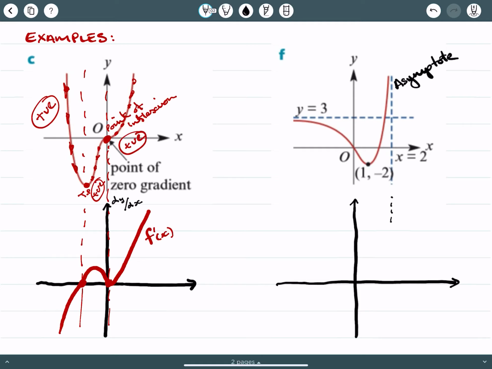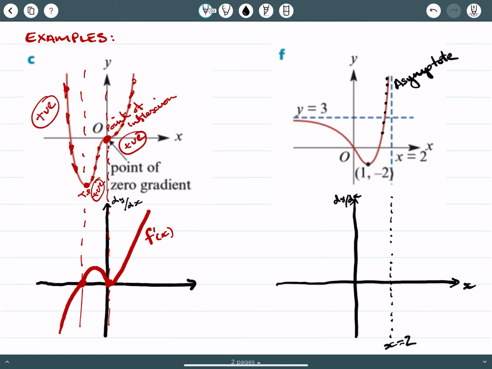Well, if we think that the asymptote is when the graph doesn't pass it, or the graph is approaching infinity, when I think about this graph as it moves up towards the asymptote, the steepness of the graph is getting increasingly large, and so large that when it really approaches the asymptote, it's approaching infinity. Therefore, we keep the asymptote where it is when we're sketching dy dx.